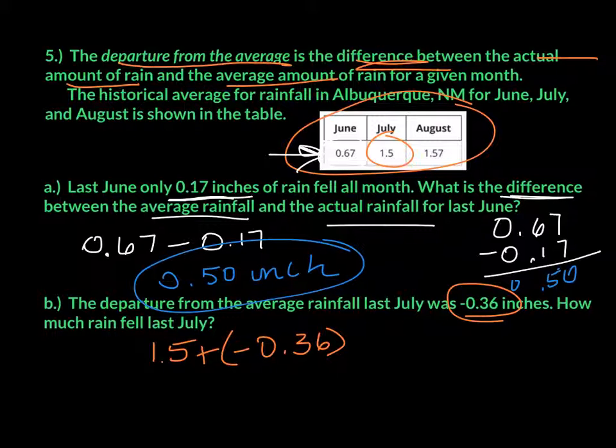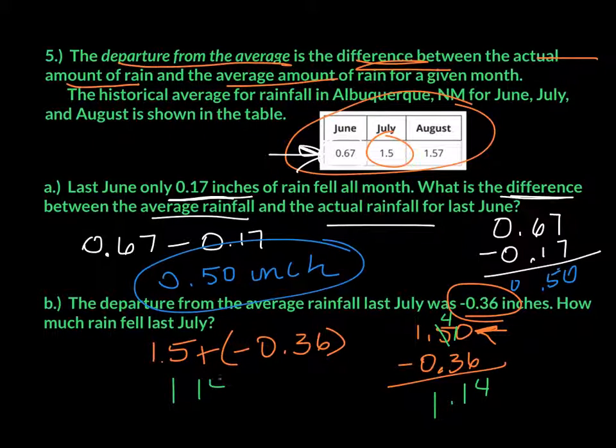So I'm simply going to subtract here. 1.5 minus 0.36. Notice I put that 0 in there as a placeholder. Can I take 6 away from 0? No, I cannot. I need to borrow from this 5. It becomes a 4. The 0 becomes 10 minus 6 is 4. 4 minus 3 is 1. Drop down my decimal. 1 minus 0 is 1. My final answer here for this one is 1.14, or 1 and 14 hundredths inches.